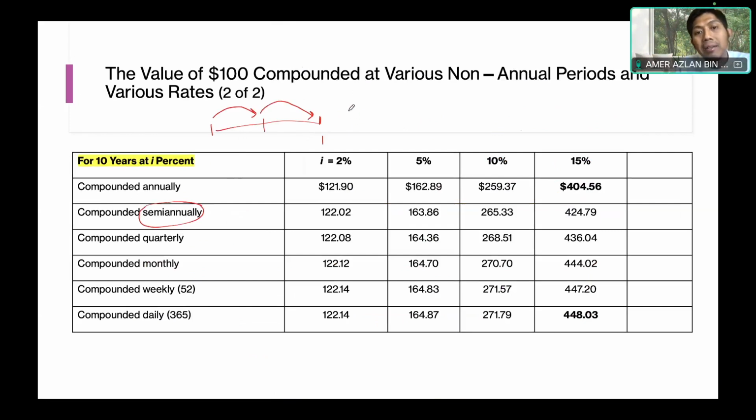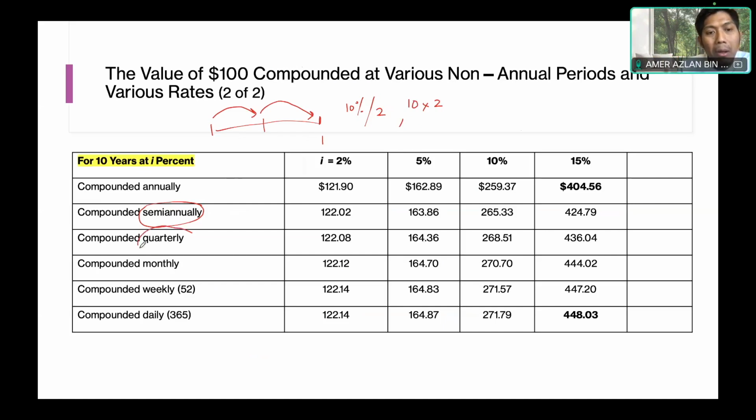So how do you calculate? If the interest is 10% and it is compounded semi-annually, you divide the interest by 2. One year, payment twice. While the N, for example, if it is 10 years, you multiply by 2.